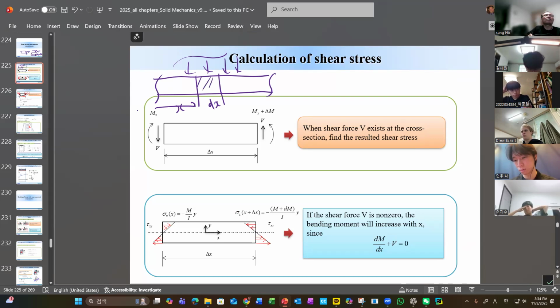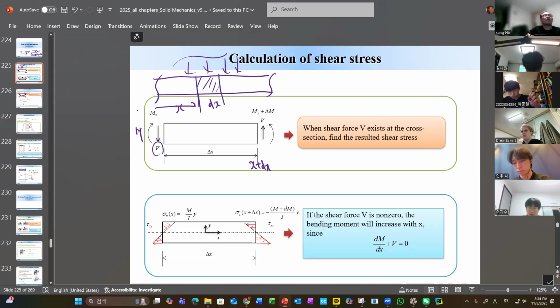Now we pay attention to this small dx. On the left-hand side, at x, we can simply say the V and a moment. And on the positive side, this is x plus dx, so we can have a moment M.